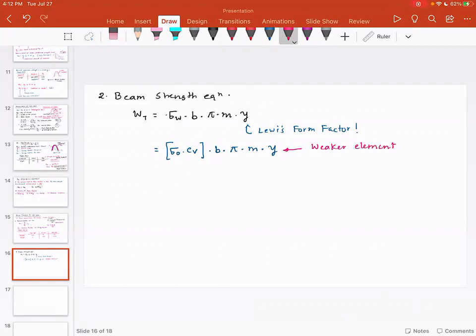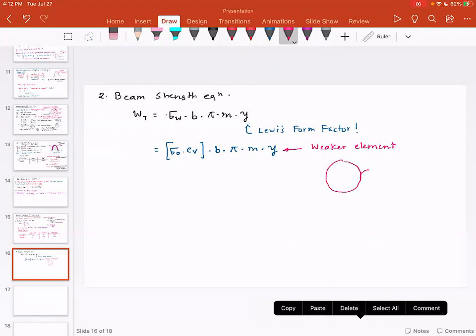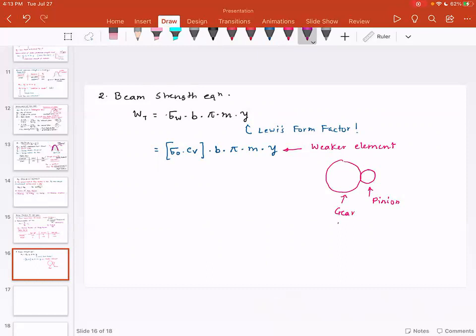To give you an example, you have a gear and you have a pinion. This is the gear and this is the pinion. When we are going to design, first we need to know whether the gear is weak or the pinion is weak.